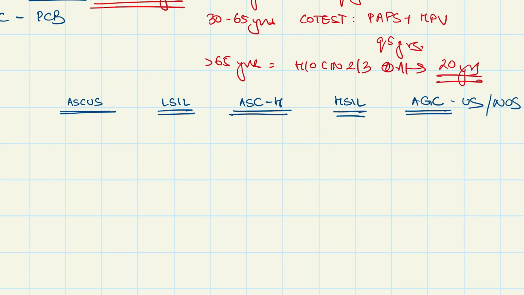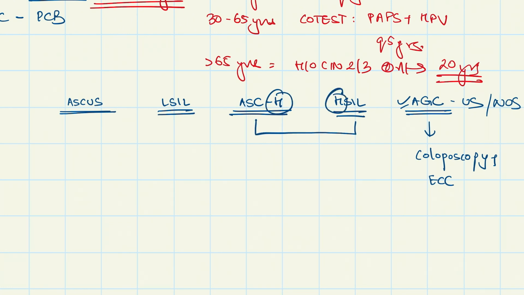Now, when you see AGC in the report, the next step is colposcopy plus endocervical curettage. For any condition with H like HSIL or ASC-H, again the next step will be colposcopy.